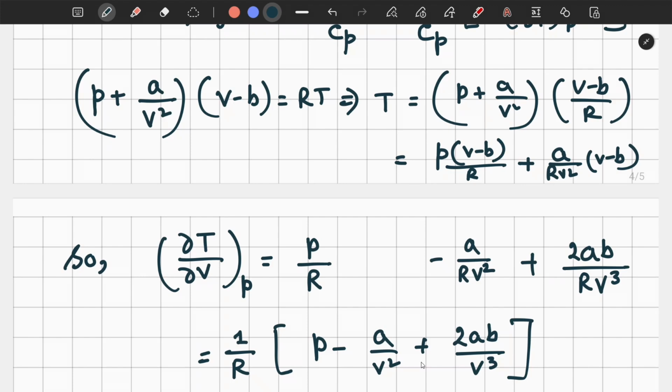This is the Joule Thomson one, right? No, they just wrote it down.